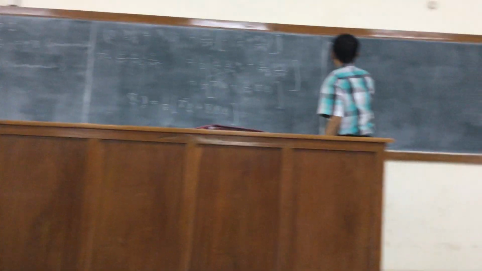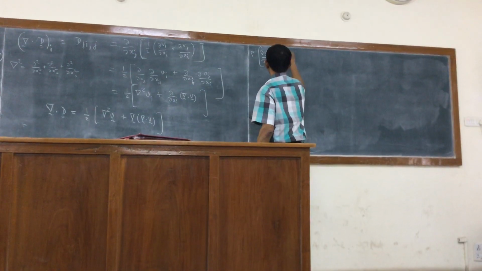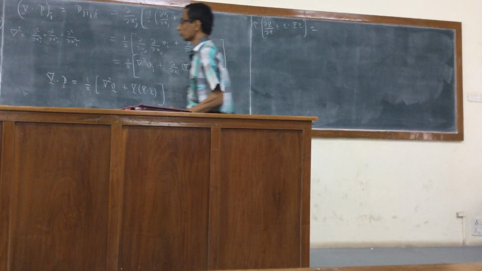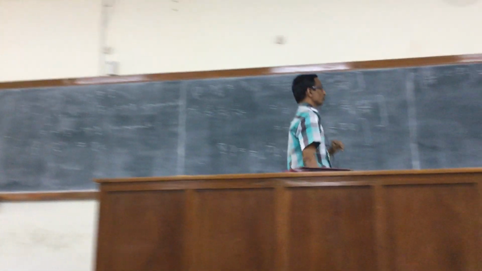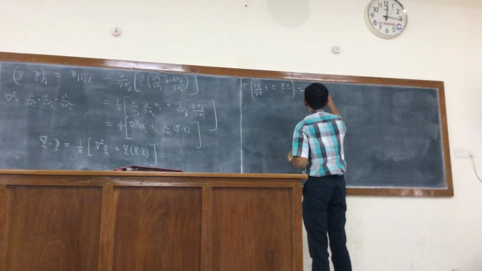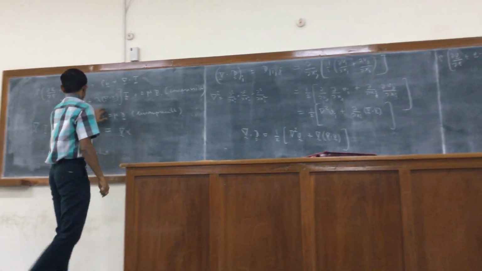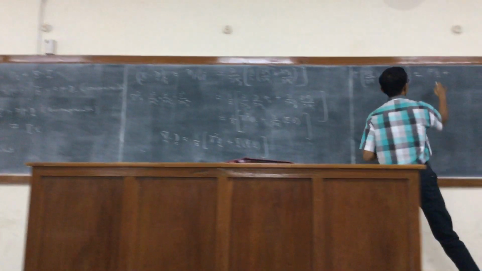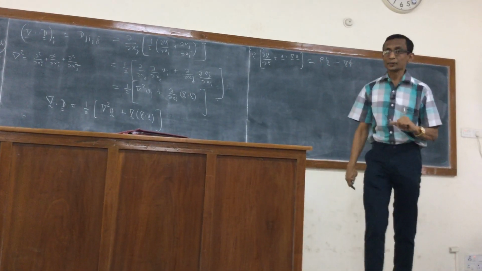So we get, for the compressible fluid, I can write the body force unspecified and the divergence of this. So this is going to give minus the gradient of pressure for the compressible fluid.